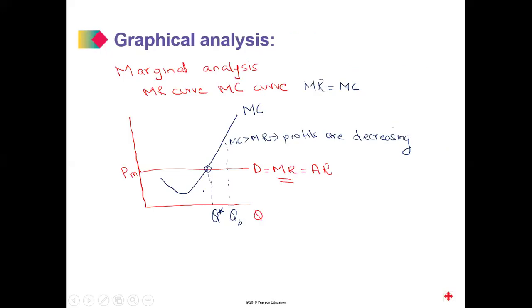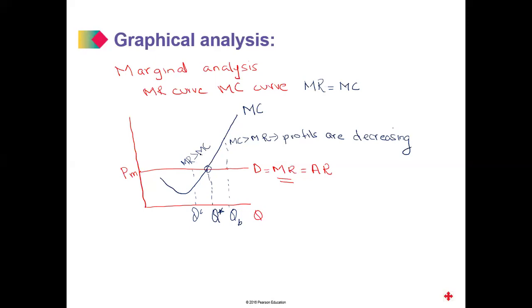Now let's choose a point before the best output. You can choose any point over here, for example, and let's refer to this point as QC. QC is not the best output because at this point, marginal revenue is greater than marginal cost.